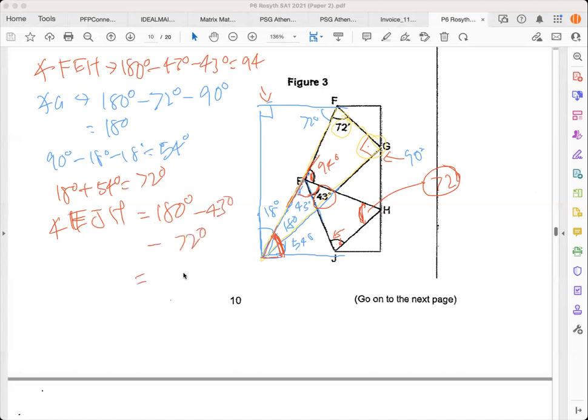That gives you 65 degrees. So this is the answer to part B. FEH is part A, and this is part B. All right. So the trick to solving angle questions that involve folding is to first unfold it.